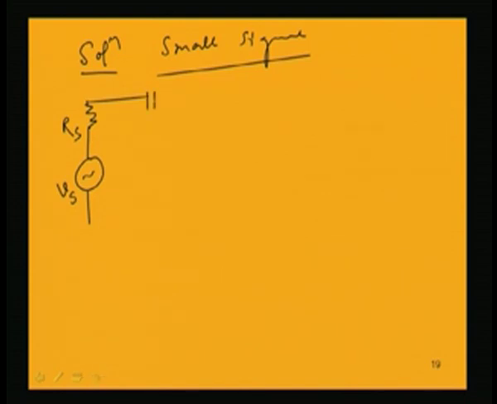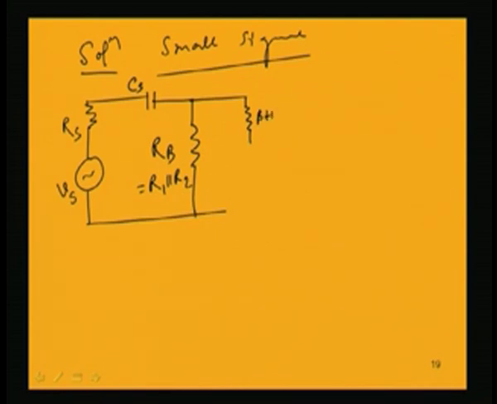So, the capacitance Cs will be there. Then the resistance Rb I am writing for R1 parallel R2. In a small signal model we have these two resistances in parallel, and the transistor is having the resistance between emitter and base which is (beta plus 1) into re, and the emitter is having resistance RE, and the capacitor which is bypassing it is Ce.